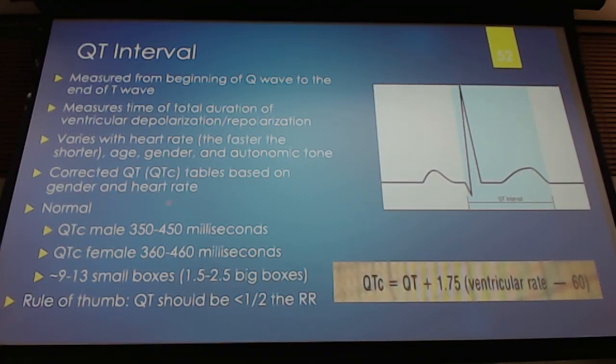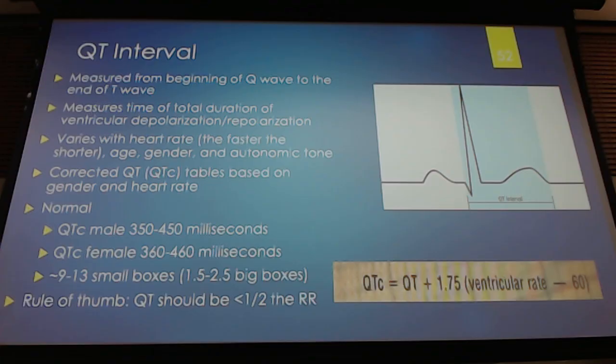But you do need to know what is normal. So QTc, that corrected QT, for males, 350 to 450 milliseconds. Females, 360 to 460 milliseconds. Because that's roughly 9 to 13 small boxes. Rule of thumb is that QT should be less than half of your R to R interval.